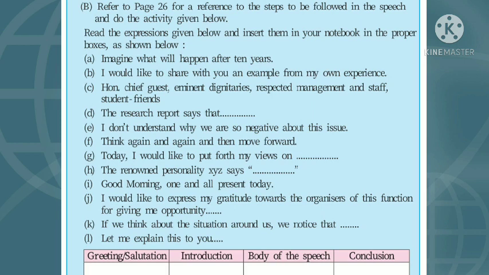Again, the next is, the research report says that, and the renowned personality XYZ says that, and let me explain this to you, and think again and again and then move forward. So all these sentences should be written in the column of body of the speech. Is it right? I think all these sentences should be written here in the box of body of the speech.